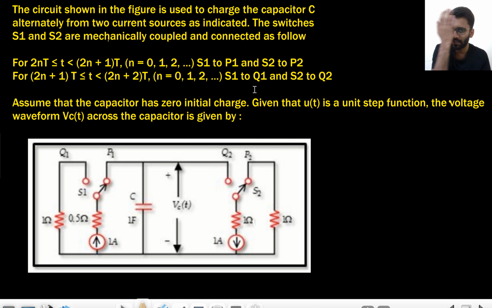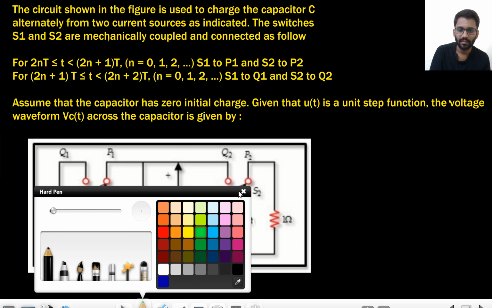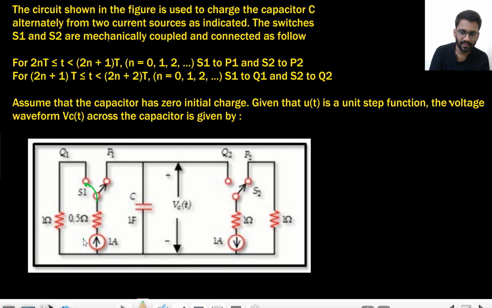Switch S2 is at Q2 and switch S1 is at Q1. Now this switch goes here. This 1 ampere current will flow into this, and that doesn't really matter because we are concerned with VCT. We need to make the waveform of VCT, so we will just make this circuit.